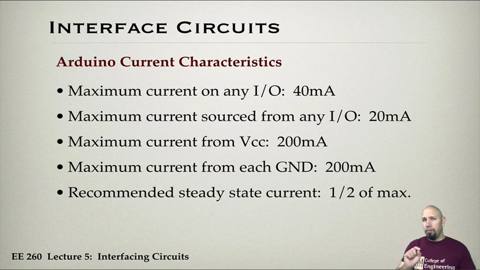If you've put something high, it's going to have 5 volts on it, so we have that situation. It's something to be careful about. Maximum current sourced from any I/O pin. In general, if you want to drive something with the voltage high, 5 volts, this is the source.